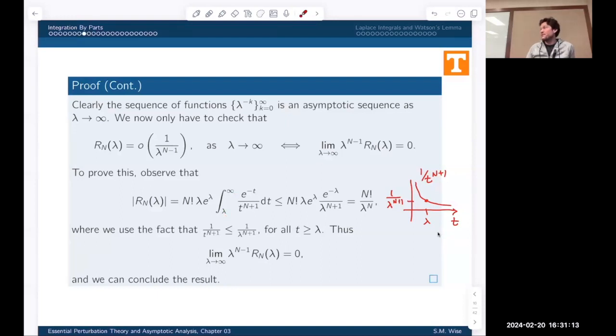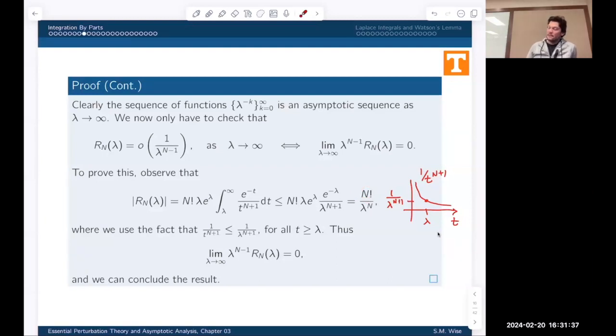The evaluation at infinity is 0, and so the evaluation at lambda is the only one that contributes, and it contributes e to the minus lambda. And notice that I get a cancellation here, right? So that's actually important. And I get that this remainder is less than this value. Now, the size of this n isn't so important. I can just call that a constant.